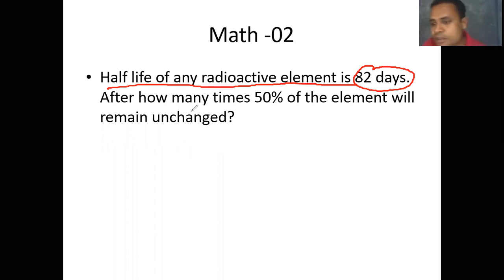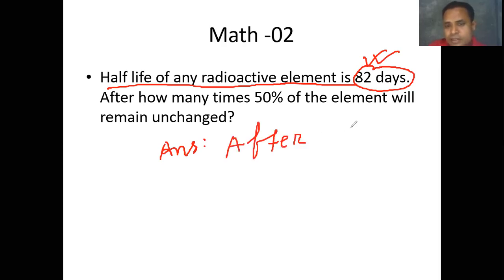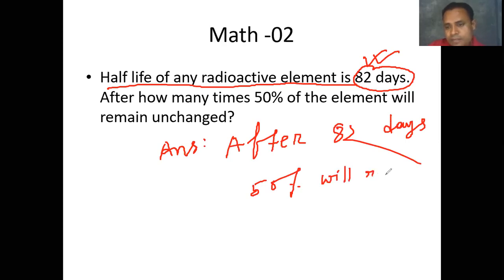So after how much time will 50% of the element remain unchanged? 50% means half of the element. The answer is given here: after 82 days, 50% will remain unchanged.